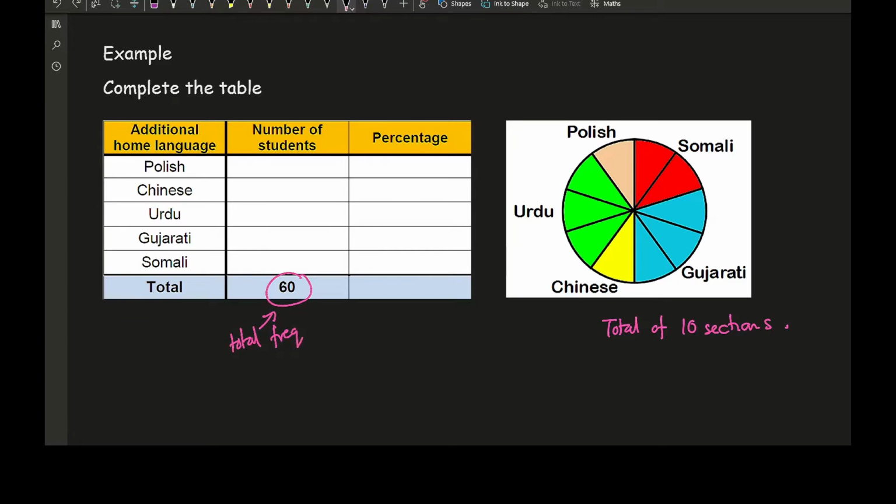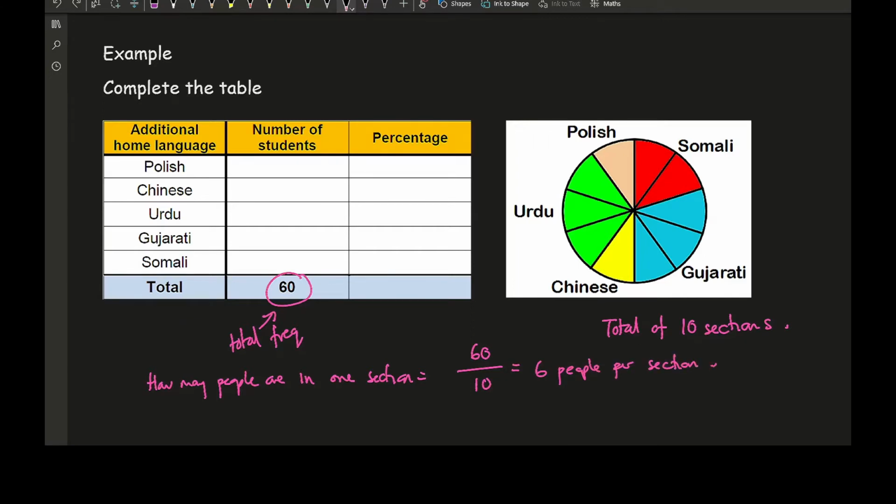So what I then need to do is work out how many people are in one section. And how do I do that? Well, there are 60 people and there are 10 sections, so that means that there are 6 people per section.